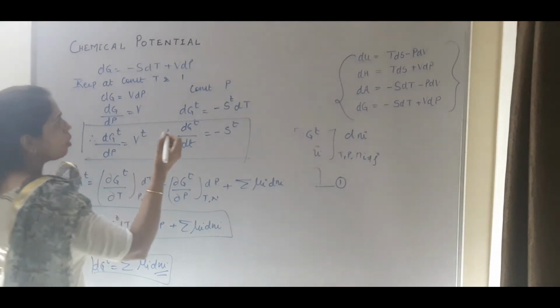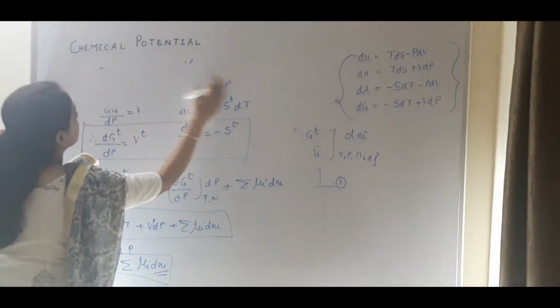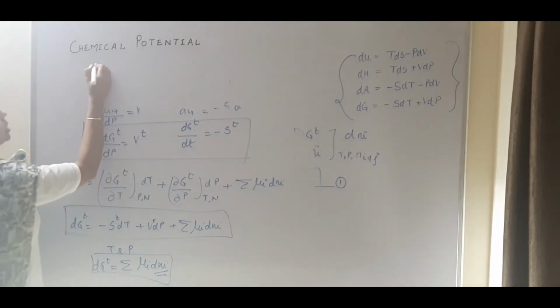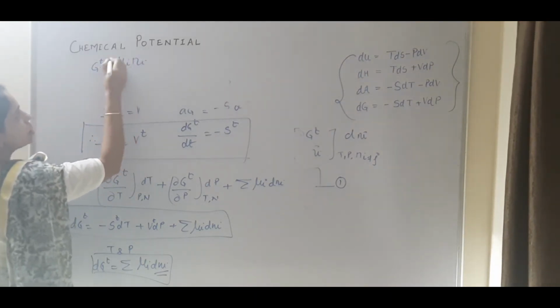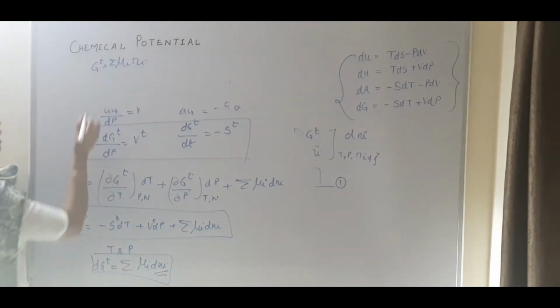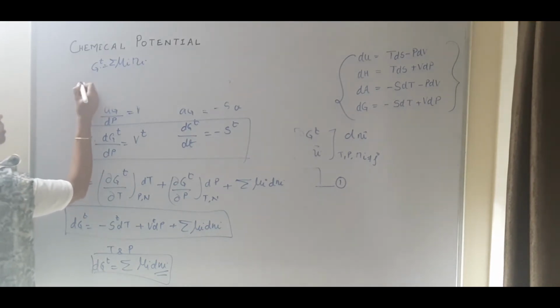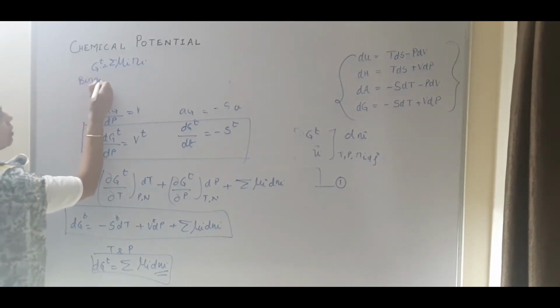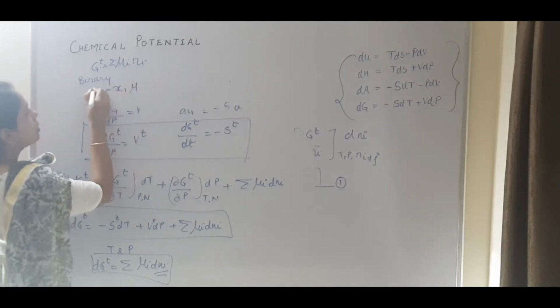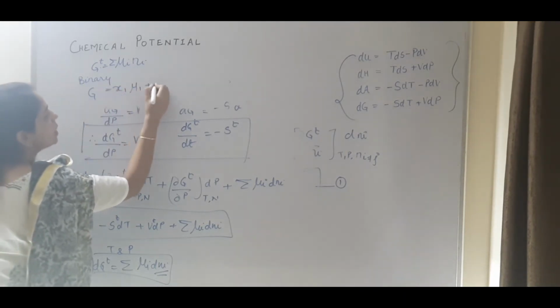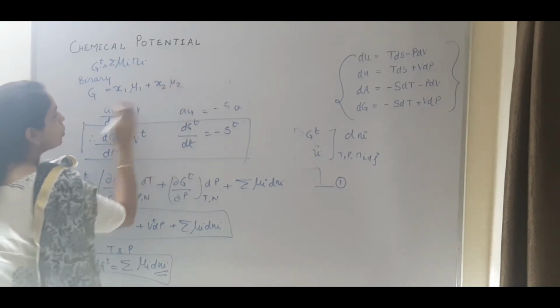Now you can also write this equation: G_T equals the summation of mu i n i, right? And for a binary solution, how can we write this equation? For a binary solution, G equals x1 mu 1 plus x2 mu 2.